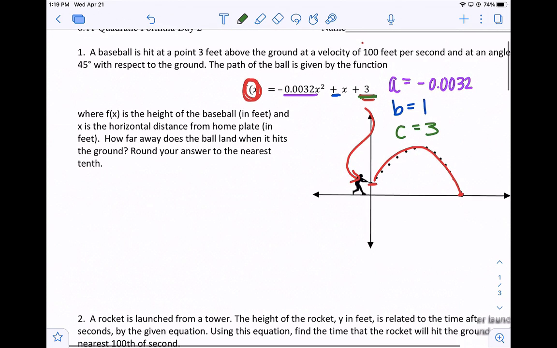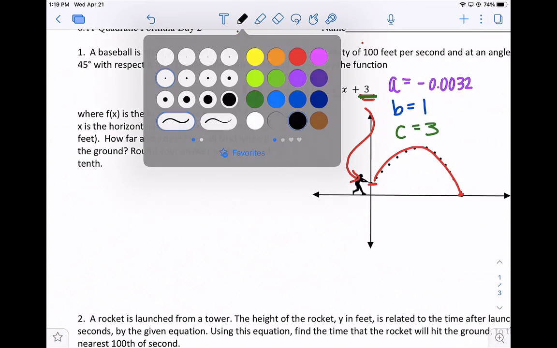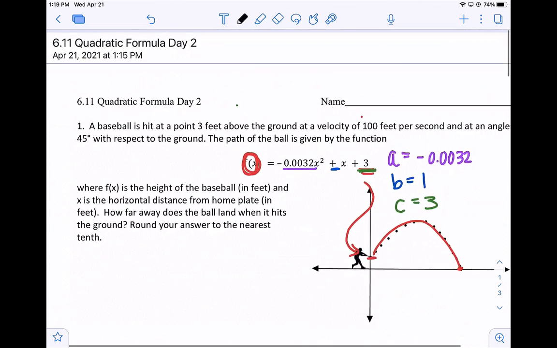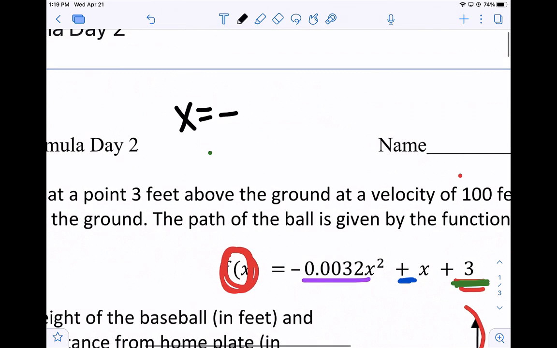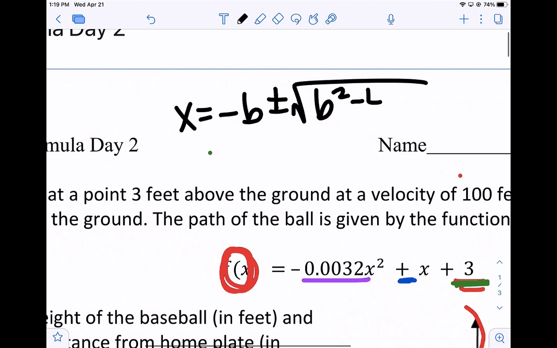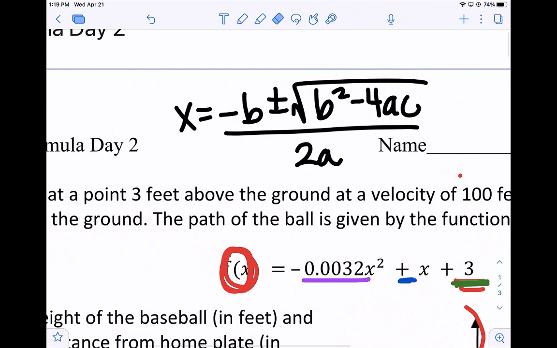If you remember the quadratic formula, it's x equals opposite b plus or minus the square root of b squared minus 4ac, all over 2a. We're just going to plug in, since we have a, b, and c.